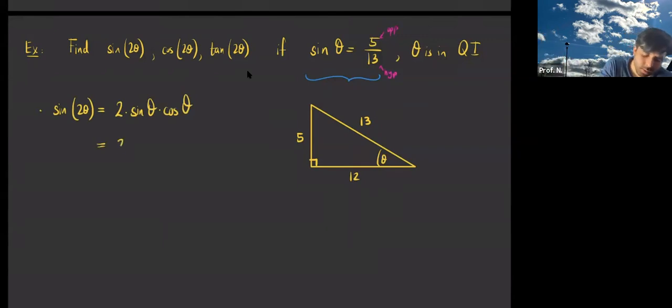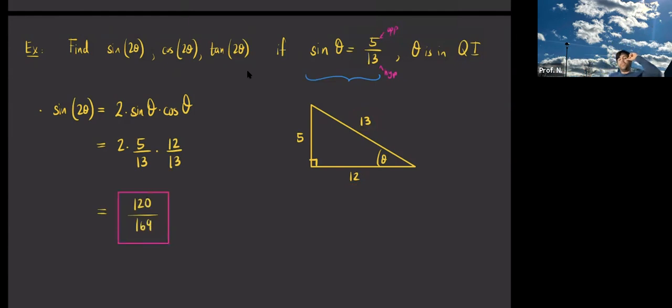Sine of theta is already given: 5/13. Cosine of theta is the adjacent over the hypotenuse, which is 12/13. Multiply: 2 times 5, 10, times 12 is 120. 13 times 13 is 169. So sine of 2 theta is 120/169.